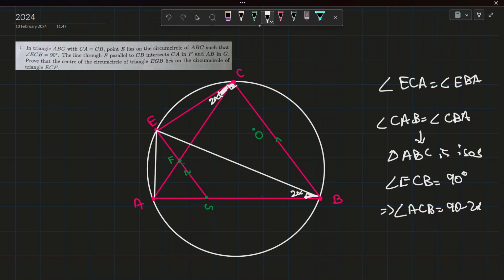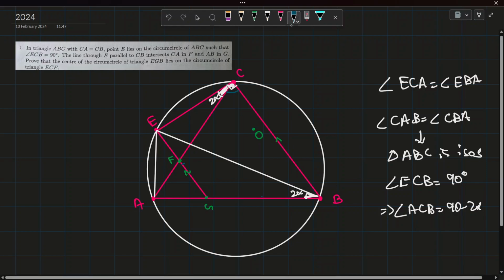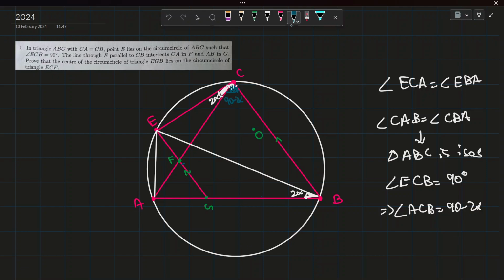So what I'm talking about is this angle. This angle here becomes 90 minus 2 alpha. And because we know that angle CAB equal to angle CBA, so this angle becomes 45 plus alpha, and this whole angle becomes 45 plus alpha. And if we deduct 2 alpha from here, we get that this angle is 45 minus alpha.